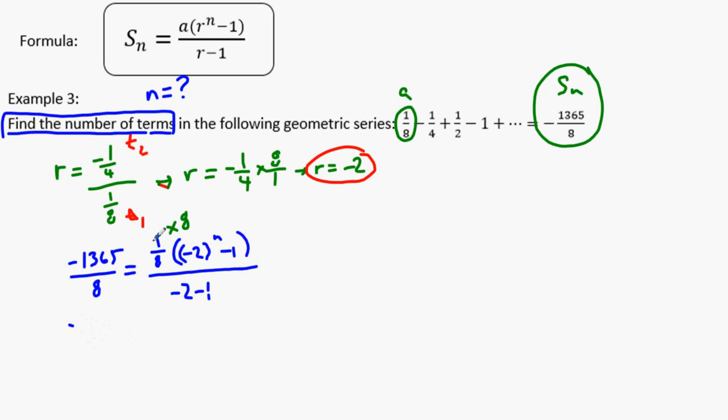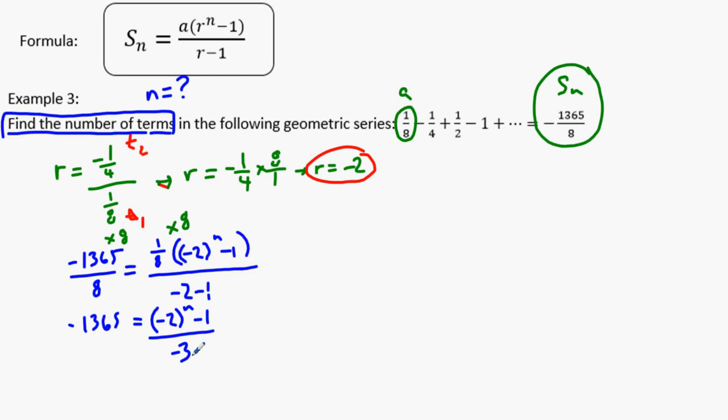If I multiply this whole side by 8, this 1 over 8 is gone, but I'm going to multiply this side by 8 as well, which means this 8 is gone. So what am I left with? I'm left with negative 1365 equals negative 2 to the exponent of N minus 1 all over, and that denominator is negative 3.